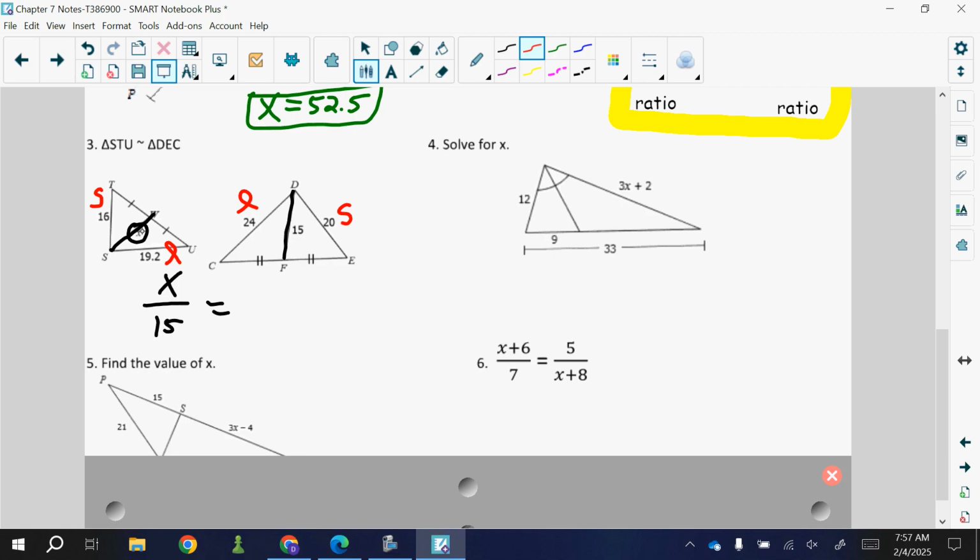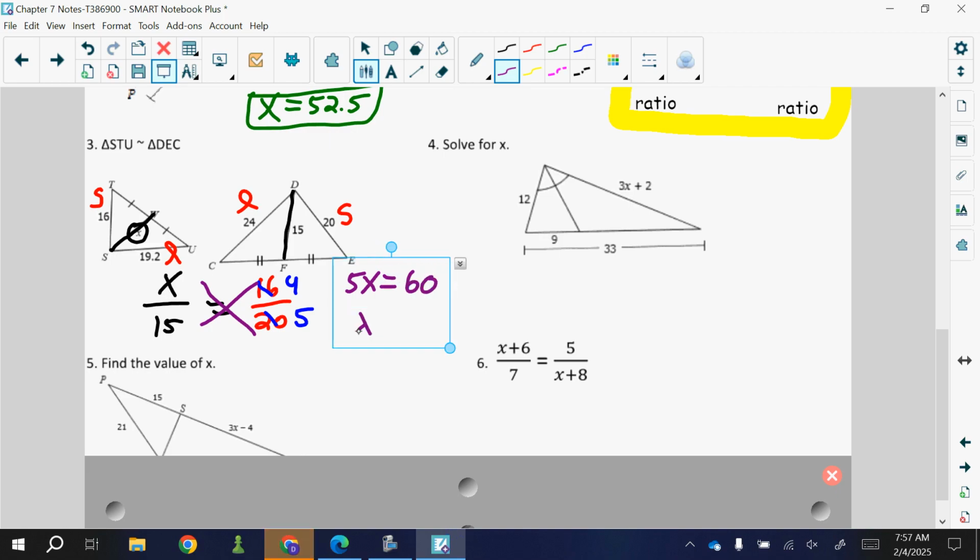I started with X, which is on this triangle, so I'm going to have 16 over 20. Now you can do the cross product rule, but if you want to make the algebra a little easier, you can reduce. I could take a 4 out of both of these and have 4 over 5. Now cross multiply, and I end up with 5x equals 60, and divide the 5 over, x equals 12.